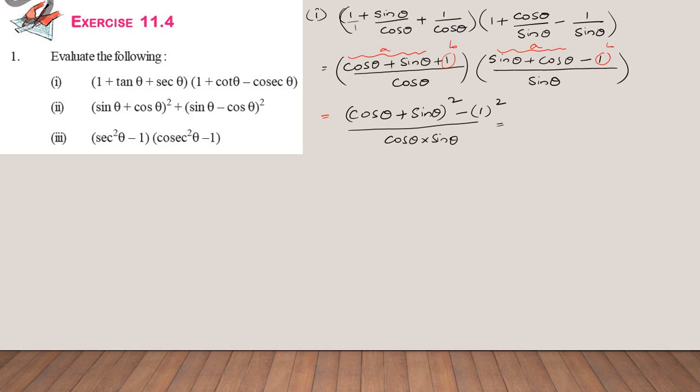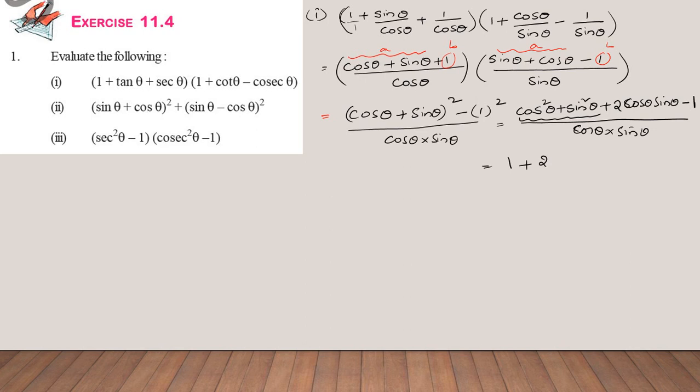Now how can I write cos theta plus sin theta whole square? It is A plus B whole square only, no? So A plus B whole square I can write as A square plus B square plus 2AB, so cos theta into sin theta, minus 1 square is 1, whole divided by cos theta into sin theta. Now if you observe this carefully, what is the value of cos square theta plus sin square theta? It is 1.